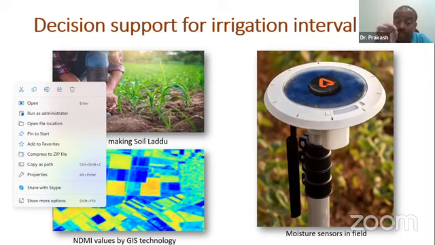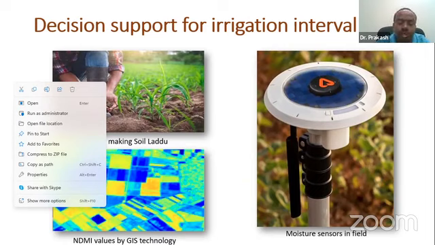Majorly GIS based technology can help us, as well as sensor based technology, which remotely sends sensor data to our mobile application, and that mobile application gives a notification to start irrigation to our plot.